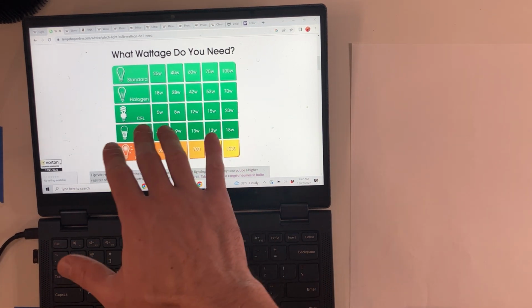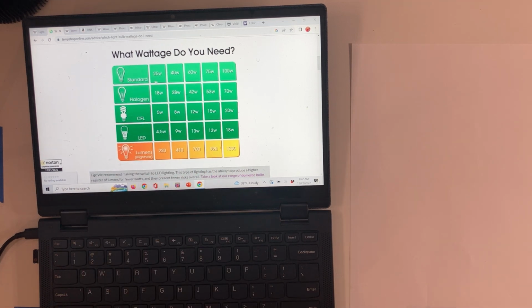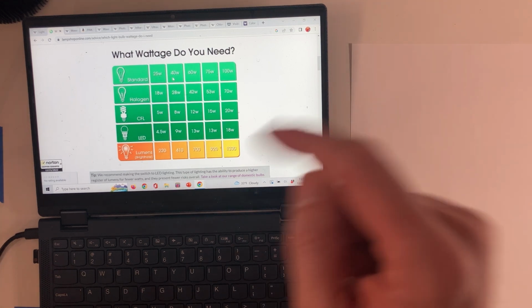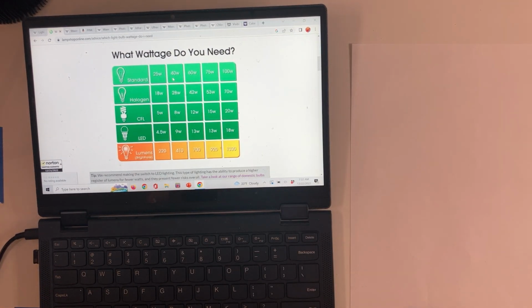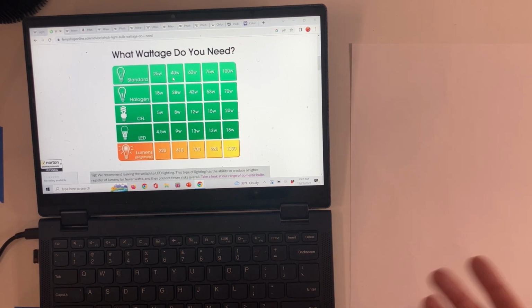When we talk about a household bulb, we talk about its watts. Because all bulbs used to be standard incandescent bulbs with a tungsten filament in them, we used to be able to use that wattage as a surrogate for how bright the bulb was. But it turns out that's not the case anymore because we have a variety of different household bulbs.